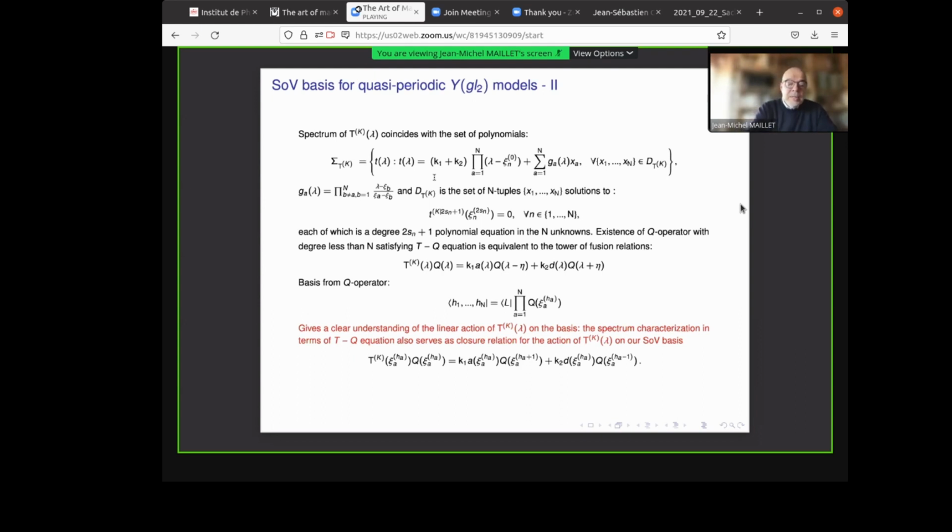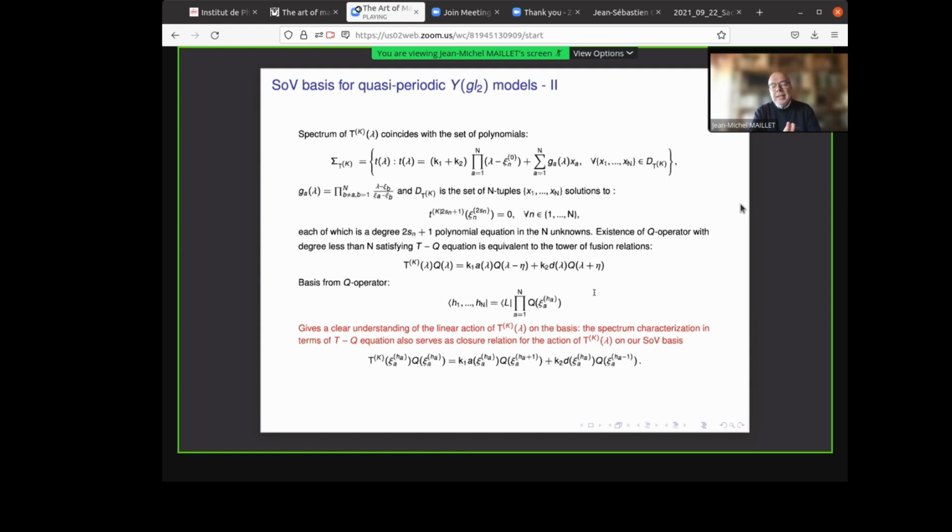And in fact, you can prove even better that this is all equivalent to the existence of a Q operator, satisfying just the well-known TQ relation, here written explicitly in terms of the K1 and the functions A and D. And that's even better. The basis can be written just fully in terms of Q operator. You change slightly the covector L here. It can be obtained from the covector O that I showed before, and just the product of Q in the shifted points.